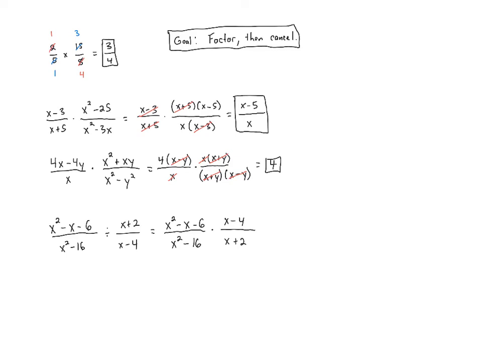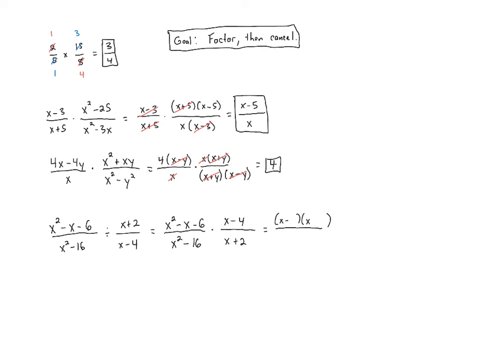Once we've changed this into a multiplication problem, we can do it just like the previous problems by factoring and then canceling anything that the top and bottom have in common. So let's factor. X squared minus x minus 6 can be unfoiled. We need two numbers that have a product of negative 6 and a sum of negative 1.